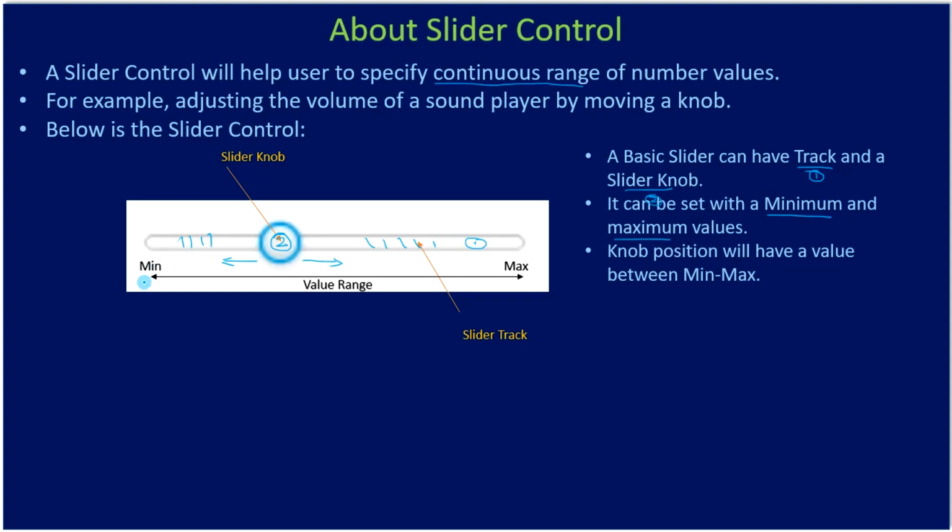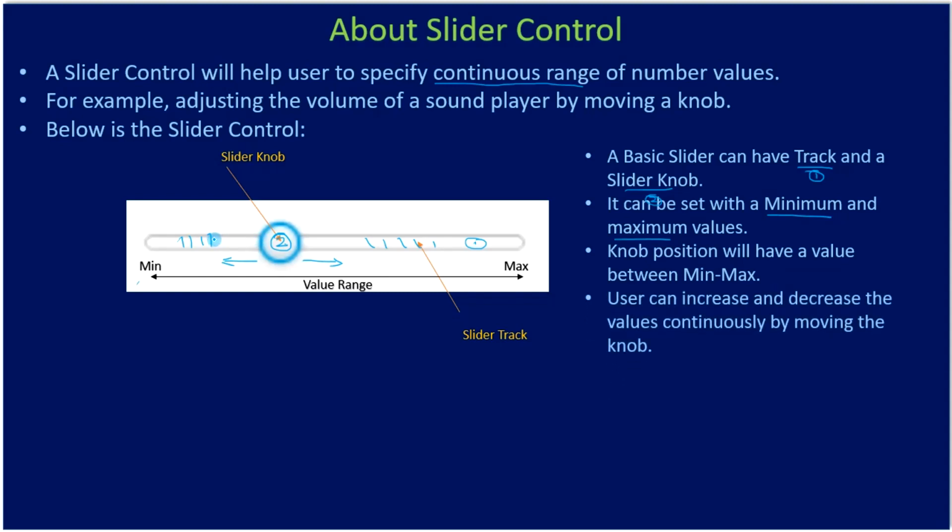Usually the minimum will be towards the left and maximum will be towards the right, and the direction you move the knob will produce the value in terms of increment or decrement. But whatever value the knob produces, that will lie in between minimum and maximum. So that's why we say the slider will produce a range of values.